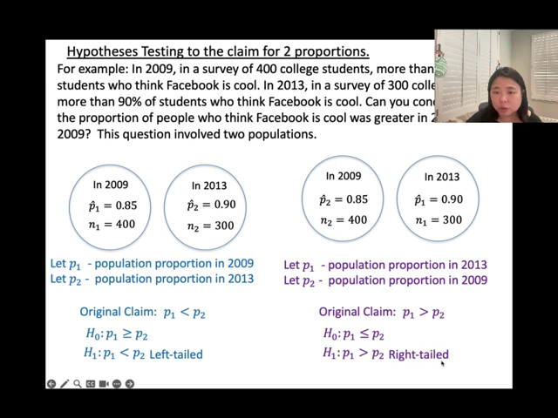We'll be working on a right-tail test. It doesn't matter whether you choose the first or the second; you're going to get the same answer. You will have the same test statistic and the same result when you interpret the p-value. But your original claim, the null and alternate hypotheses, and the tail of the test will be different. So make sure in Chapter 9, the first thing you need to do is state which one is your P1 and which one is your P2.